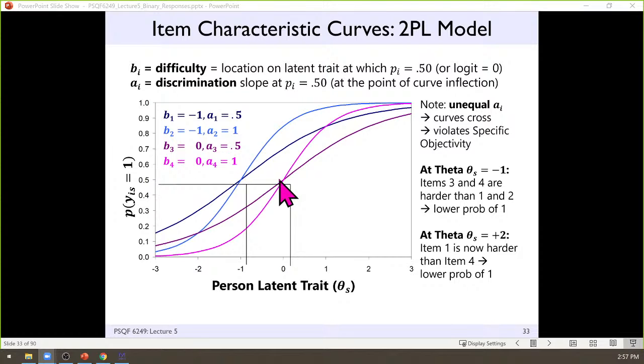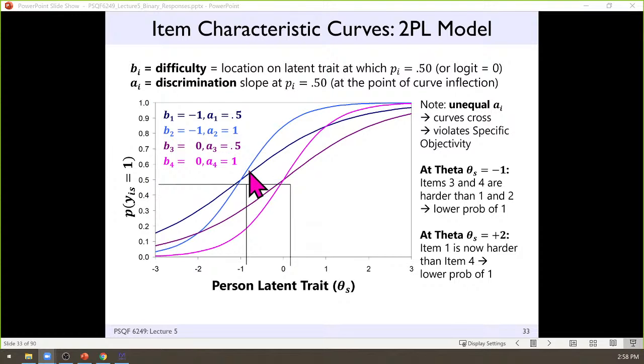So this would be allowed in a 2-parameter model, where each item gets its own separately estimated slope. And the A parameter is the slope at the 50-50 mark, the slope that is tangent to the curve at that point. Because as you can see from the curves, the slope changes. It gets shallower and shallower as you move up or down. So A specifically refers to the 50-50 slope at that point.